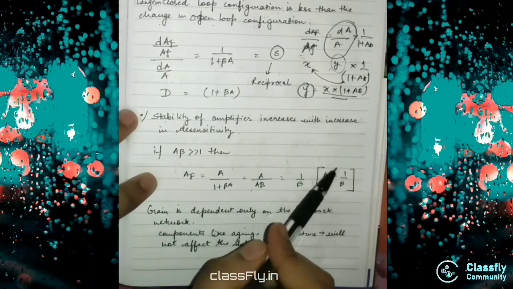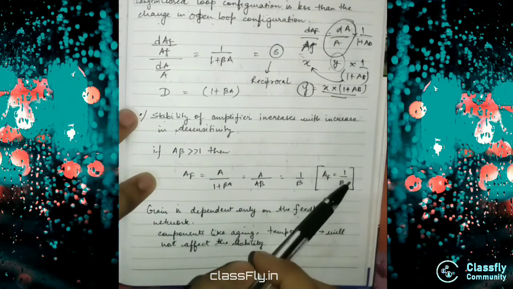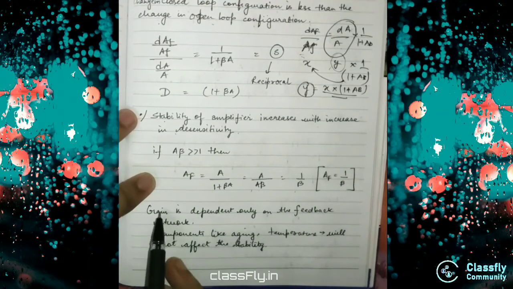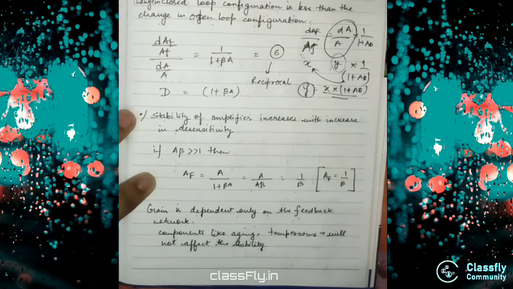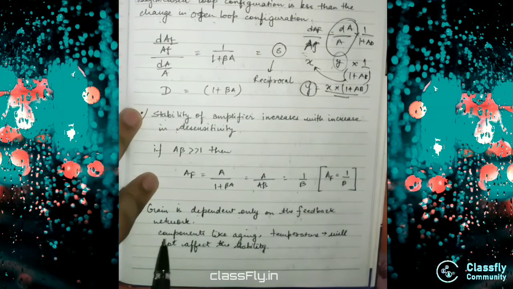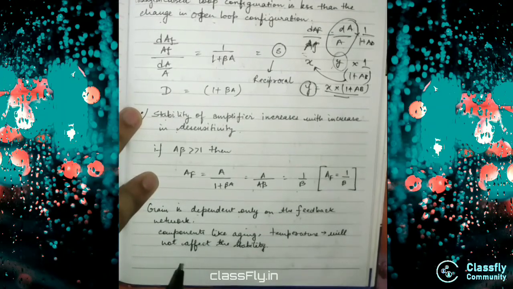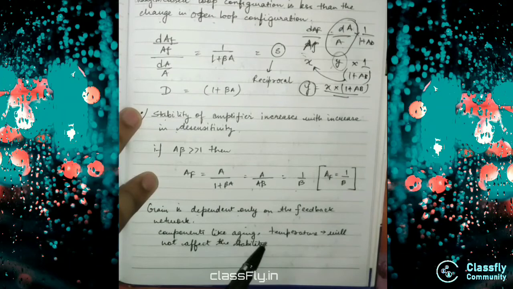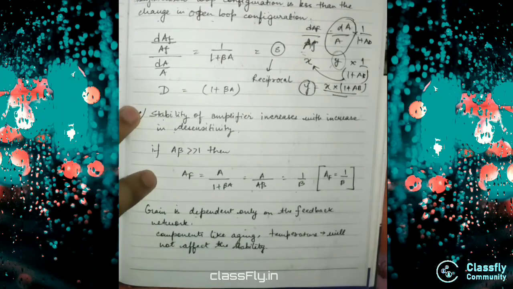So the closed loop gain will depend only on the feedback factor, that means only on the feedback network. Components aging and temperature will therefore not affect the stability, because the gain depends only on the feedback.